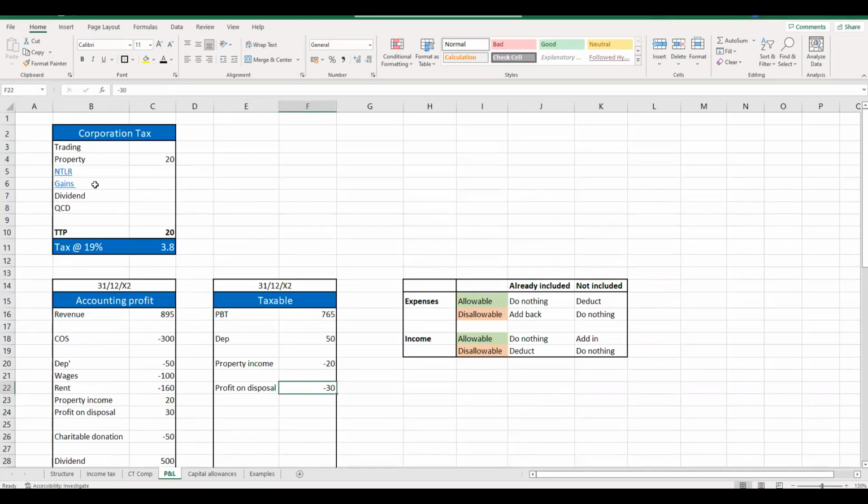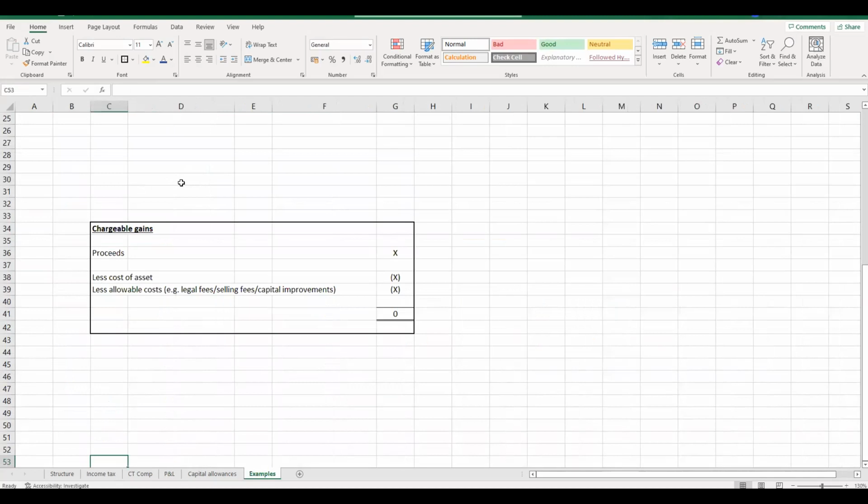And again, we just need to work out what our chargeable gain is. The chargeable gains are worked out identically to the capital gains tax for an individual. So we're going to compare our proceeds, less the cost of the asset, less any allowable deductions. But quite importantly, the clear distinction and difference is that the company doesn't get the annual exemption.